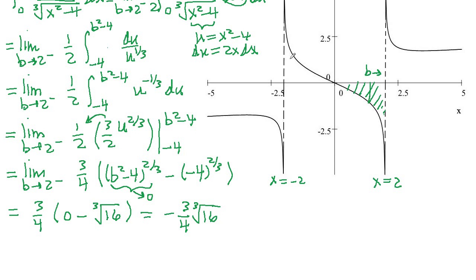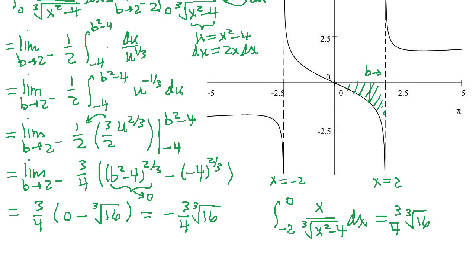And then by symmetry, the other area, so the integral from negative 2 to 0 of x over the cube root of x squared minus 4 dx, is going to be positive 3/4 times the cube root of 16, right, by symmetry.